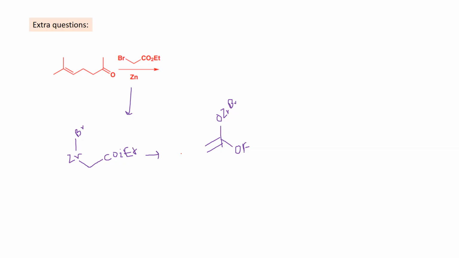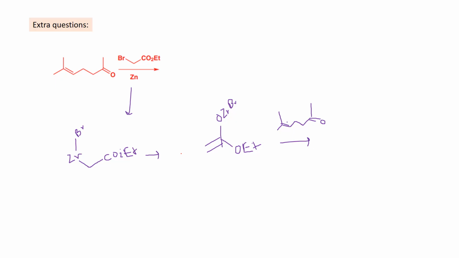And now when this ketone system is added, you have to notice, there is a double bond, but sometimes people make this mistake. Whenever these options are given, they have given the options that way, so people can make the mistake. There is a double bond, but it is not in the alpha beta position. When the double bond is not in the alpha beta position, Michael addition can't be possible.